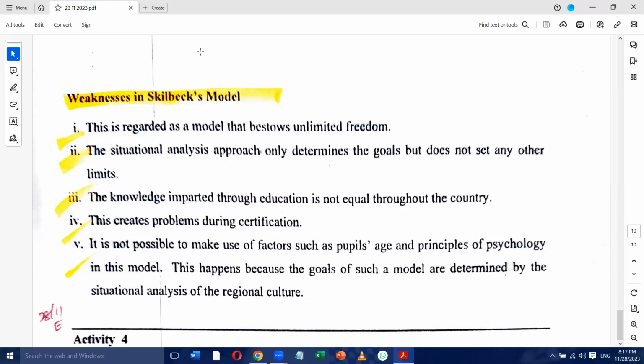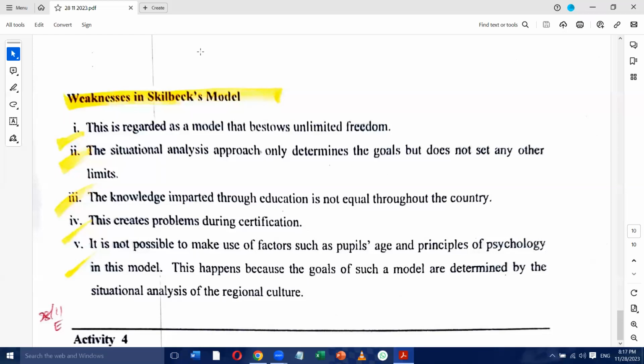Bruner's psychological ideas, that also we'll see. So how his ideas influence preparing a curriculum, right? Why it is important to include Bruner's ideas in preparing a curriculum, that also will be dealt with.